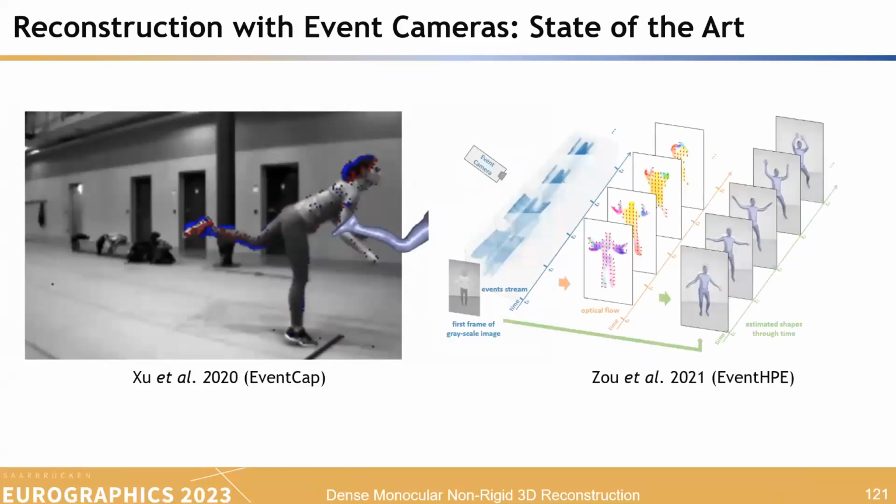Another work improves on this: they only take a single frame of grayscale image and then use events for the rest of the frames, and do motion capture by tracking the optical flow in the event stream and then using a warping loss.